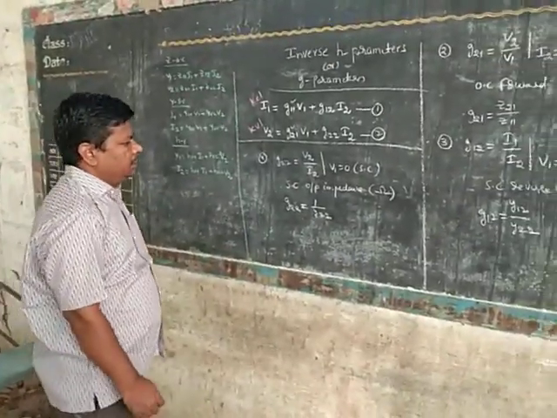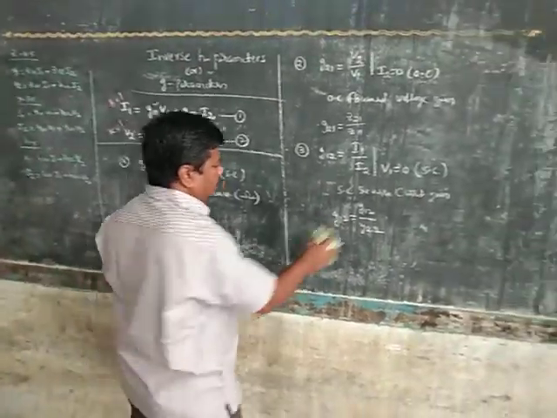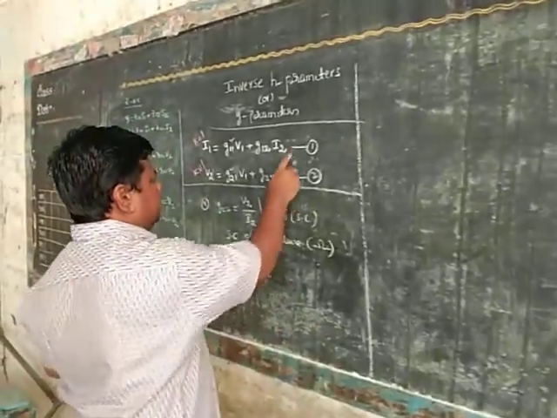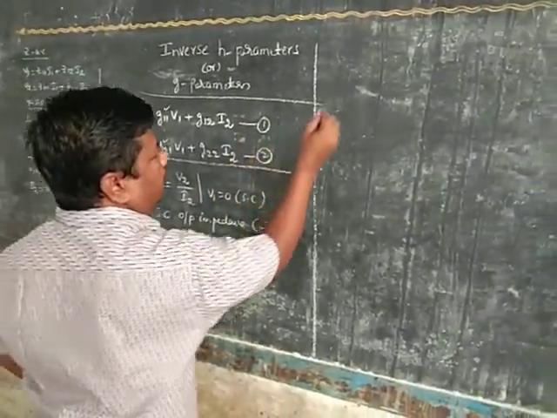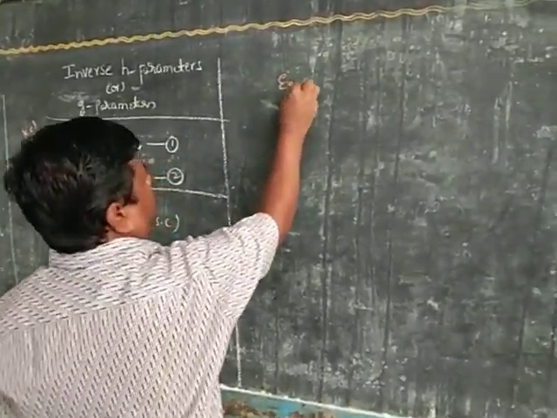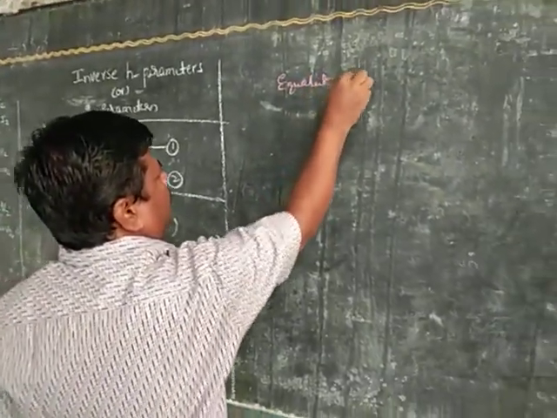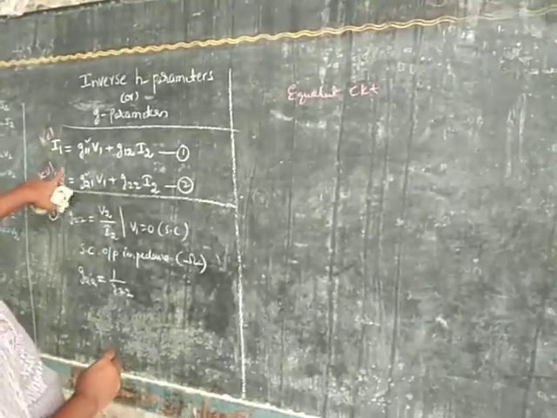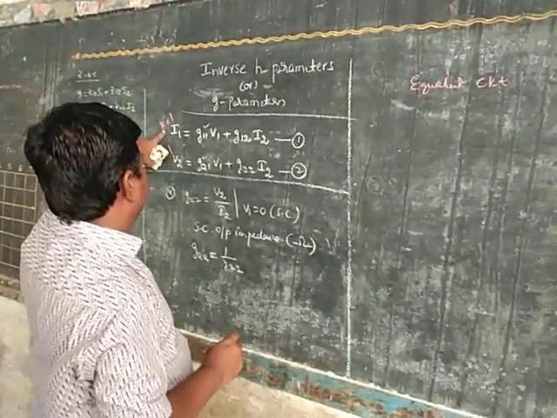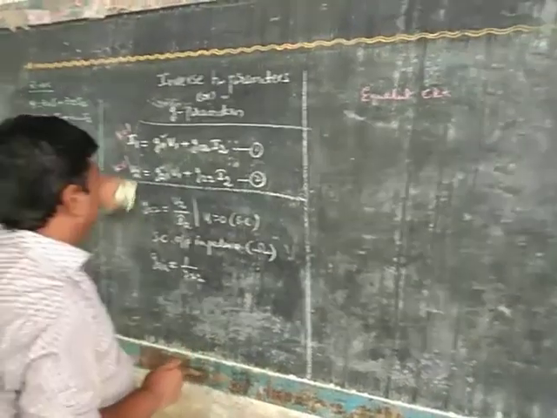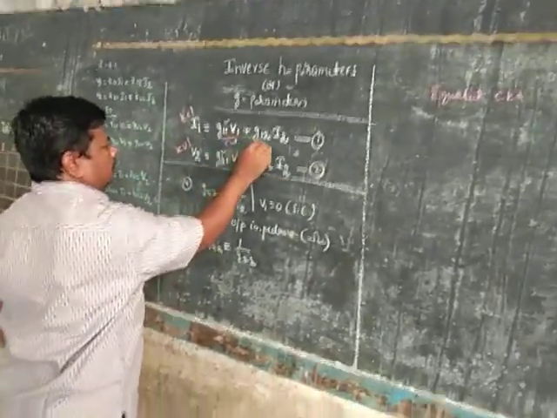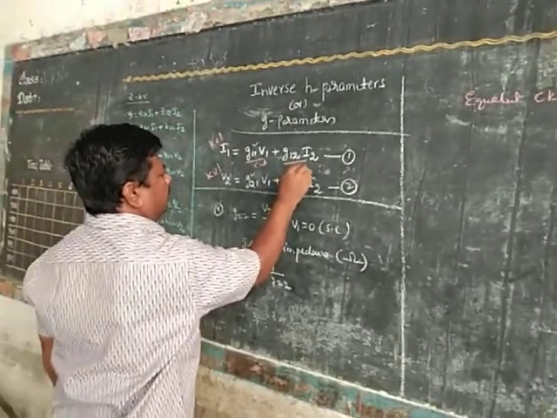Correct? Then coming to the equivalent circuit, based on these equations, draw the equivalent circuit diagram. Observe here, the input side is a KCL current equation. This is also a dependent current source.